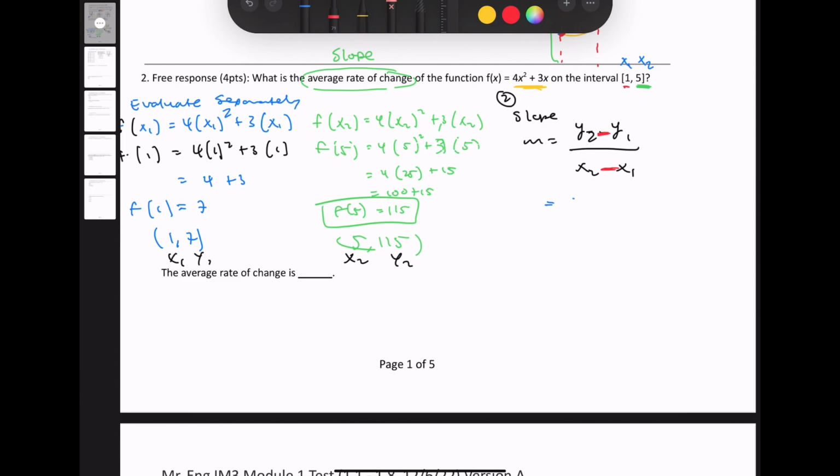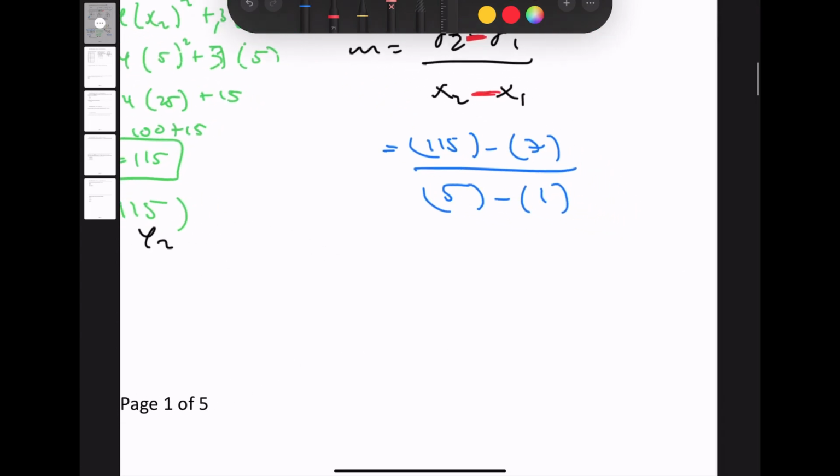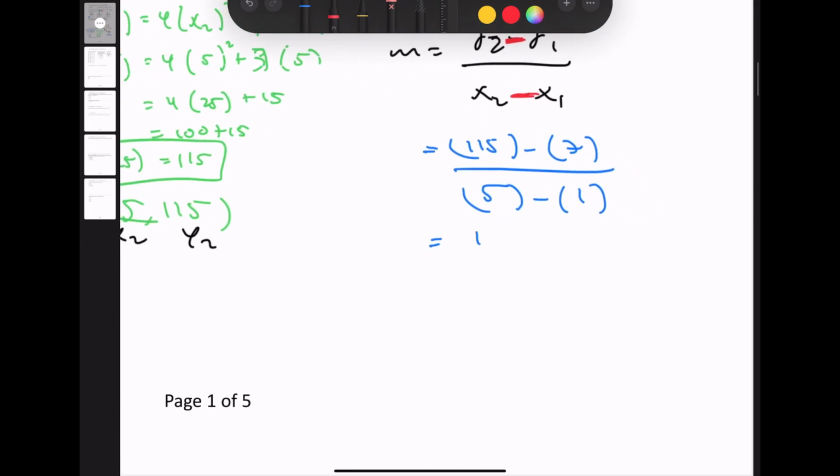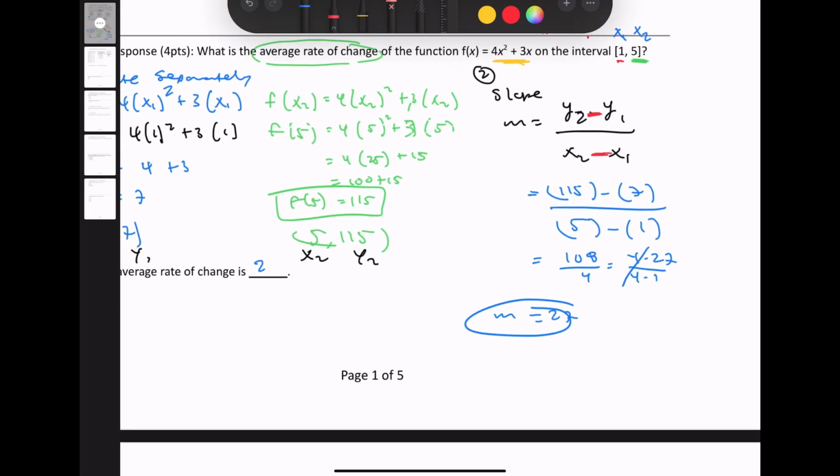So y2 value is 115 minus 7, x2 value is 5 minus 1. So this will give us 108 over 4. 4 goes into 10 2 times, 8 to 8, 28 divided by 4 is 7. So my answer for slope is 27. The average rate of change is 27.